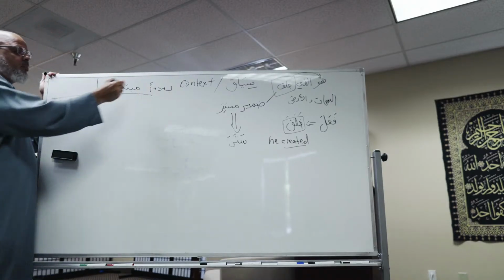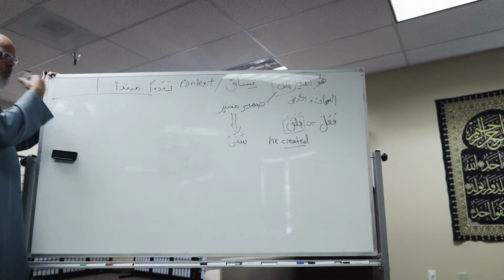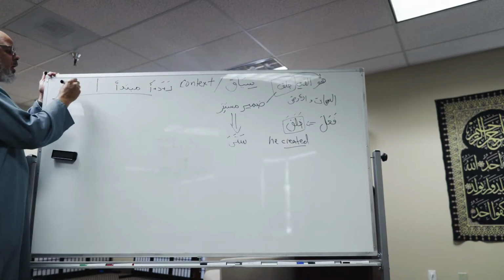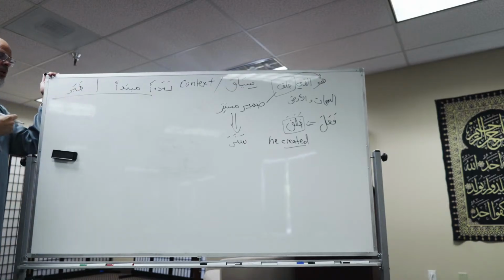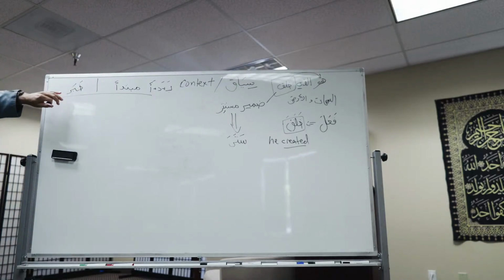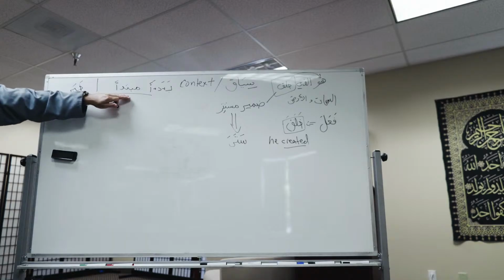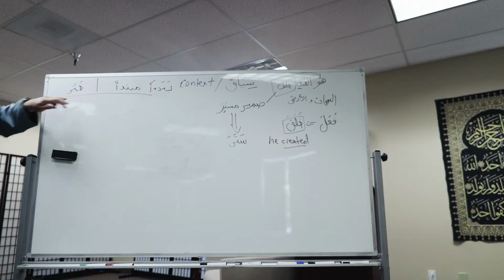Bada'a. What does bada'a mean? To begin. So the beginning, we have the mubtada, and then we have the khabar. The mubtada and the khabar is like the subject and the predicate, right?